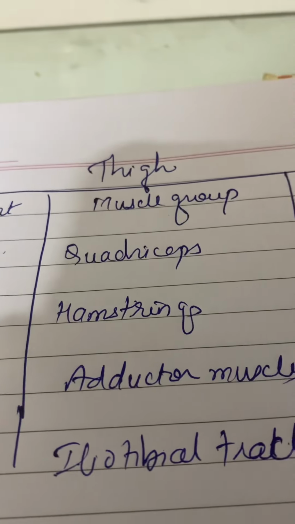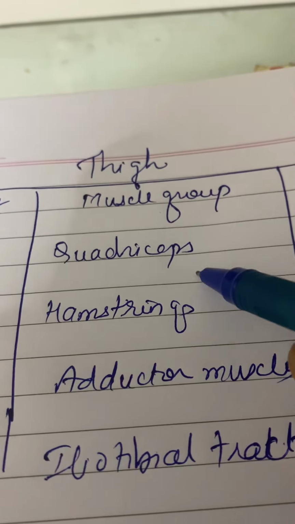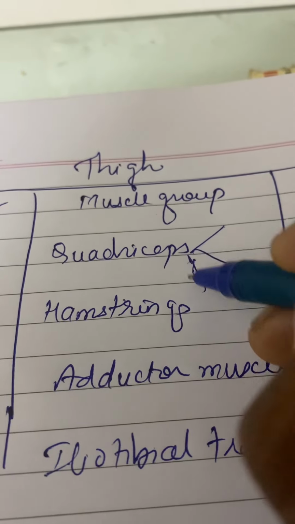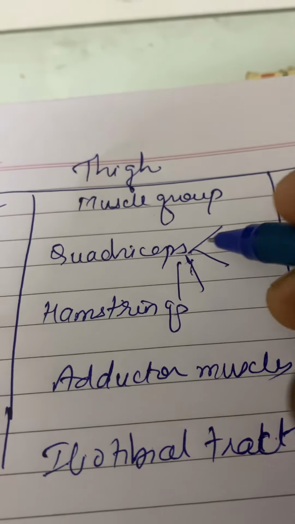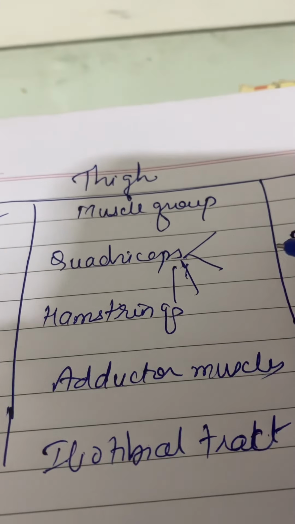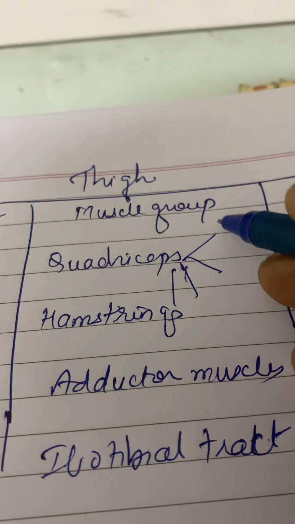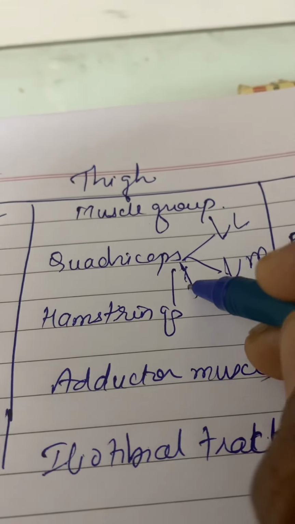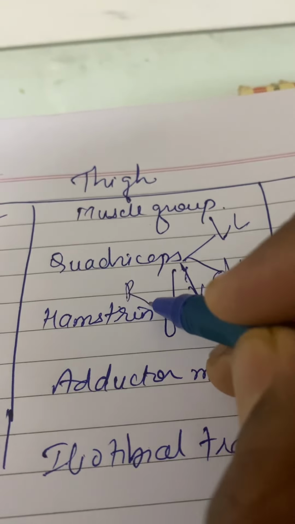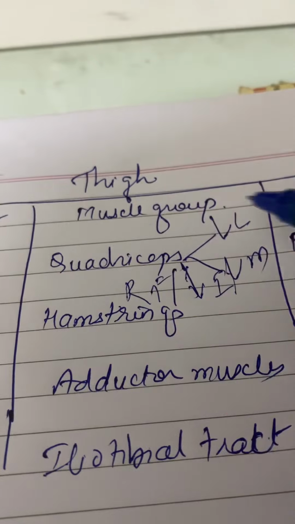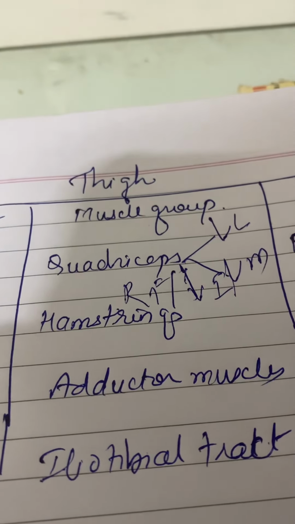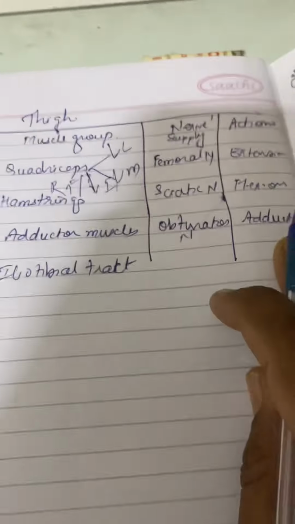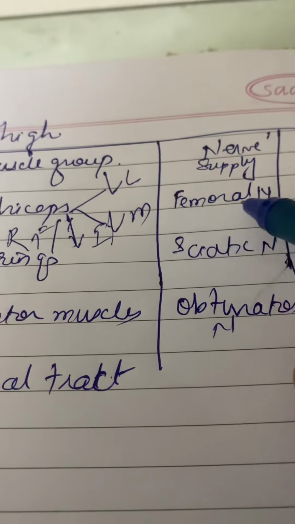Now the anterior compartment: which muscles are there? You have the quadriceps femoris. Quadra means four, so four muscles are together called quadriceps femoris: vastus lateralis, vastus medialis, vastus intermedius, and rectus femoris. The nerve supply of the anterior compartment of the thigh is the femoral nerve.